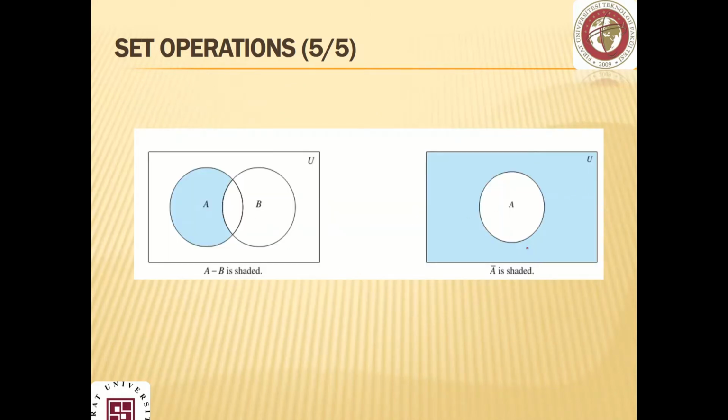Exactly, this is why I explained here. It's more clear. You see, this is the shaded area, that's A bar, and this is A, all other elements other than the elements of A.